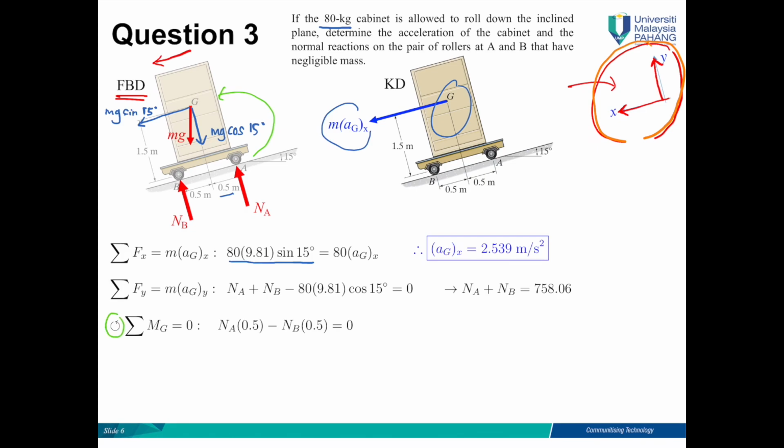We set counterclockwise as positive, so NA will be positive, and this going to G is clockwise, and this is the distance, so this will be negative, equals 0. So we have NA equal to NB, which is equal to 379 Newton.